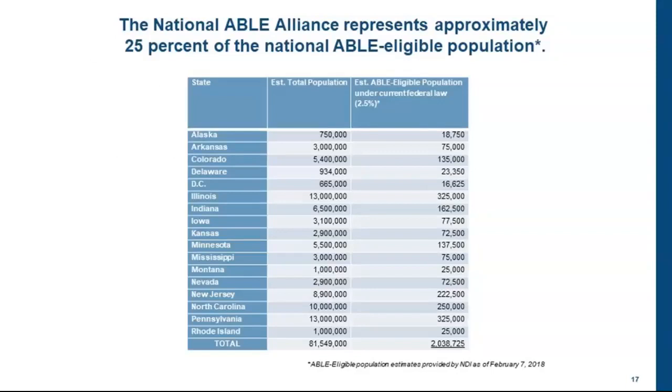The Alliance states' plans give the same benefits to smaller population states as they give to large population states. And as a whole, in the aggregate, the work that we do represents and works on behalf of all people with disabilities, but we represent about 25% of the national ABLE eligible population. Next slide.